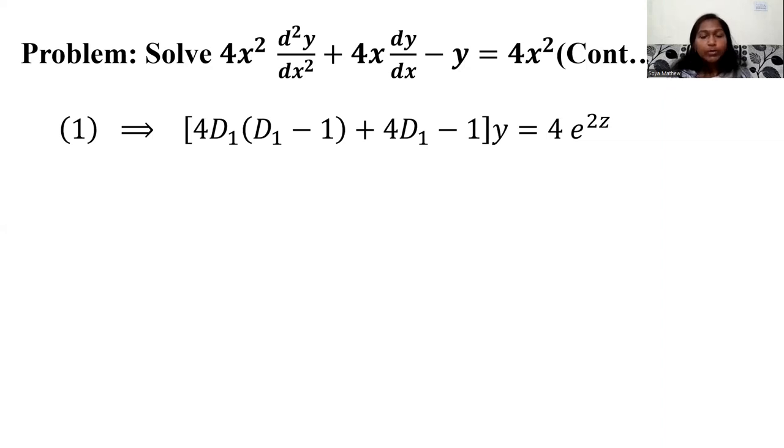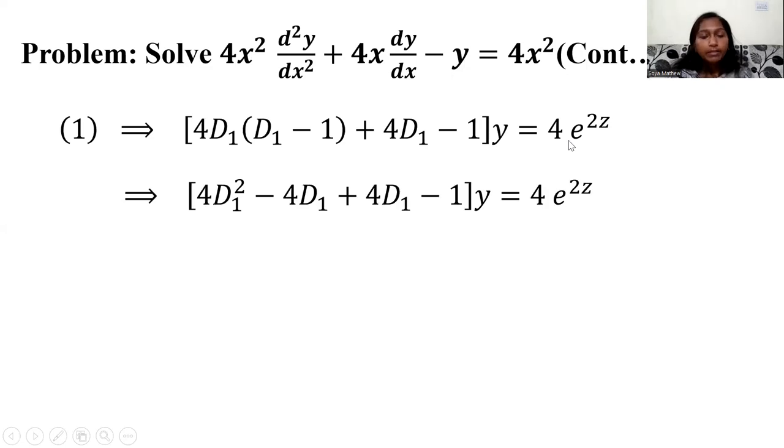So the above equation can be rewritten as 4 D1 into D1 minus 1 plus 4 D1 minus 1, into y is equal to 4 times e raised to 2z. Opening the bracket, simplifying and cancelling, we get the equation 4 D1 squared minus 1 into y is equal to 4 e raised to z.